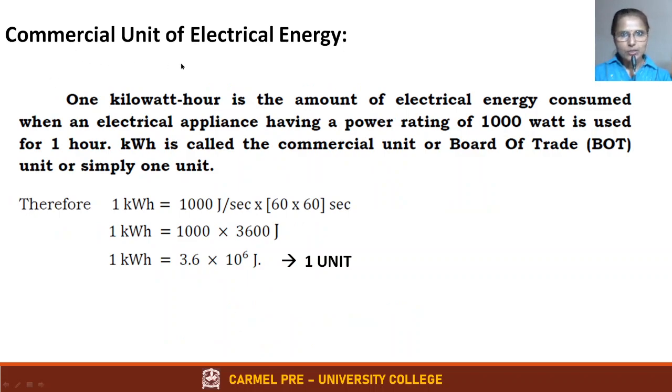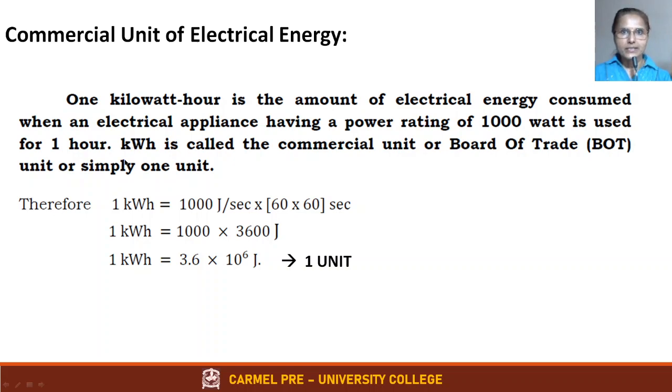Now that is also a small unit. 3600 joule is a small unit. So commercially, the commercial unit of electrical energy is 1 kilowatt hour. This is the amount of electrical energy consumed when an electric appliance having a power rating of 1 kilowatt, or 1000 watt, is used for 1 hour.